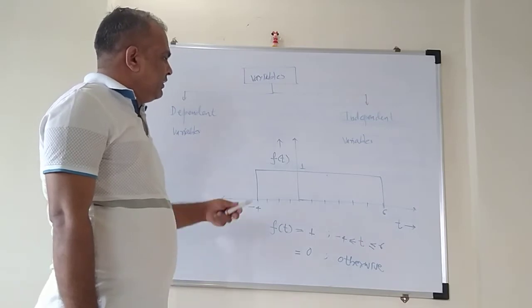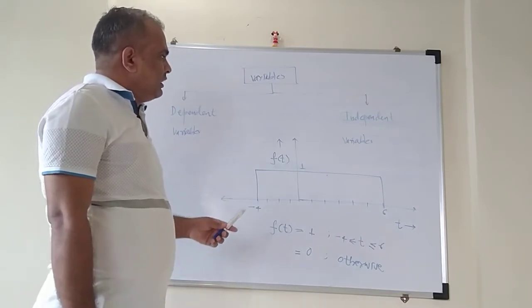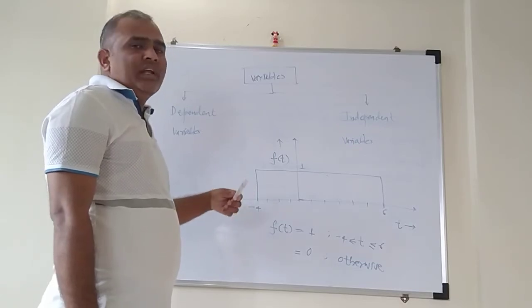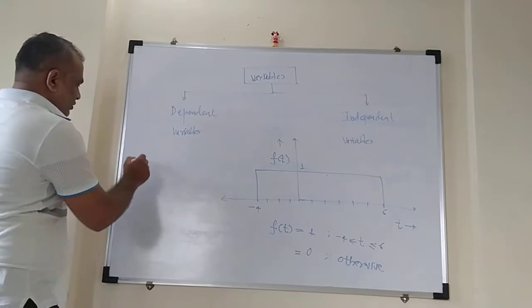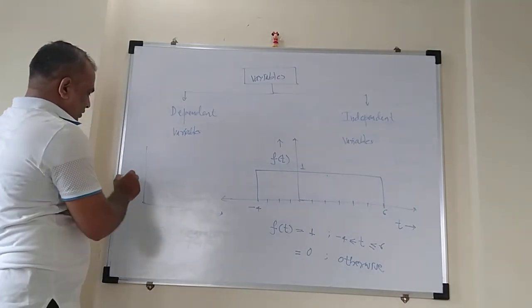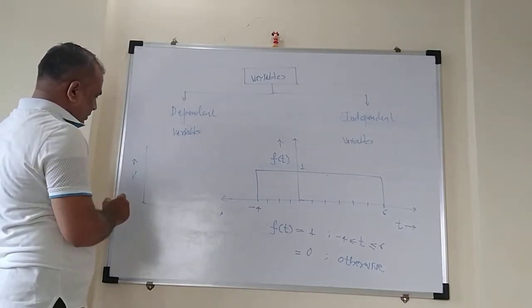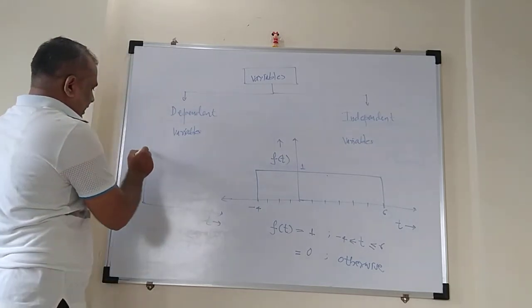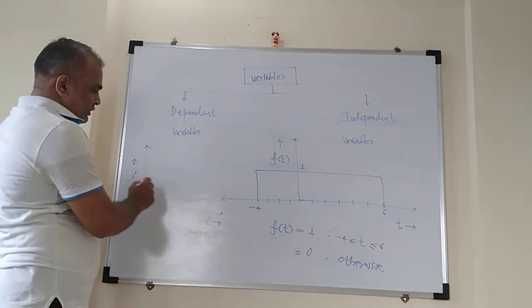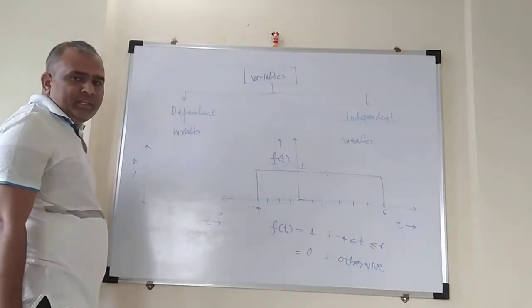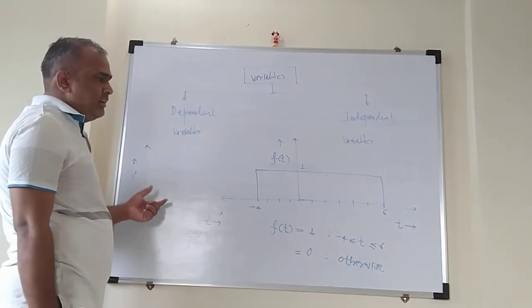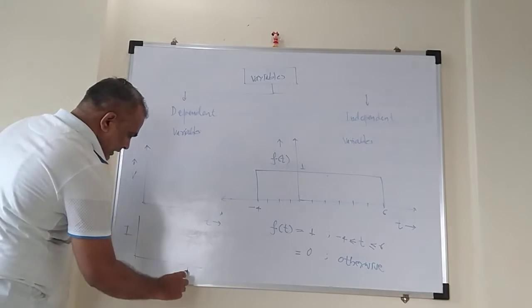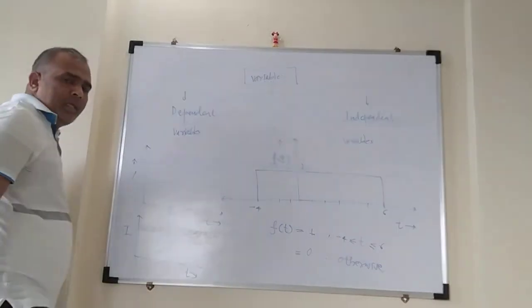Let us take some more examples so that you can fit some more physical quantities into it. So let us take voltage. If voltage depends upon time or on current, you can say, and if you plot these two on a graph, that will give you some information. That information is also a signal. Or if you plot a graph of current and time, that will give you some information.